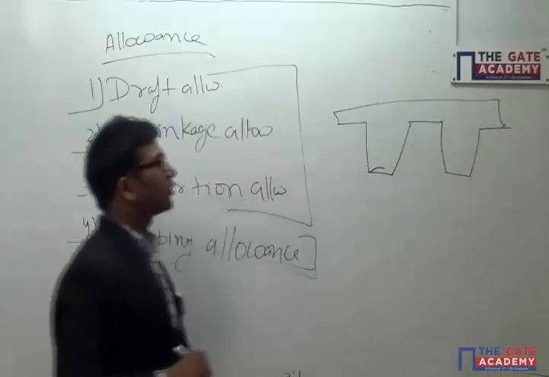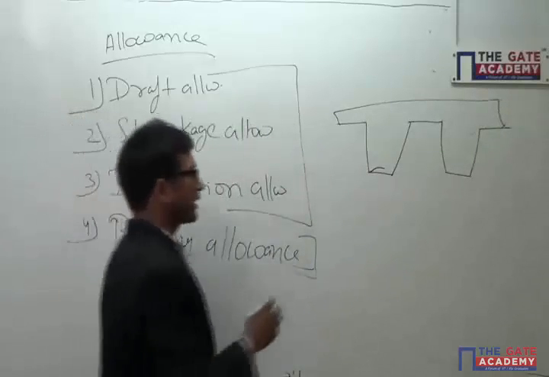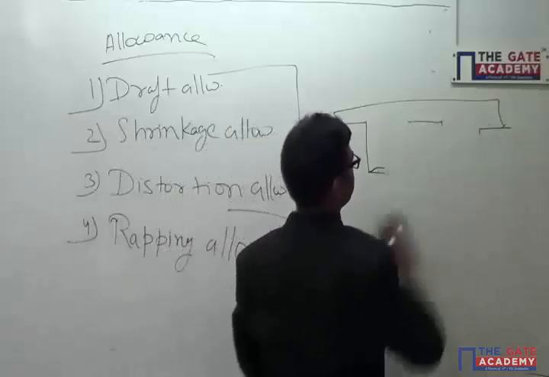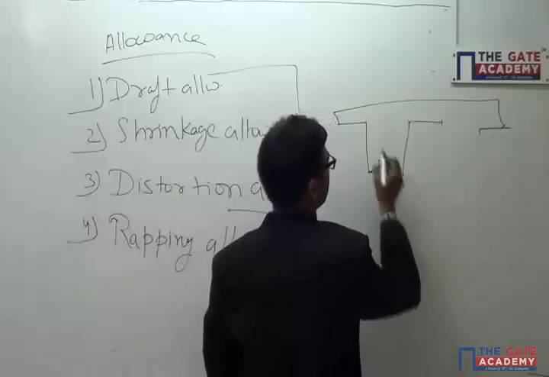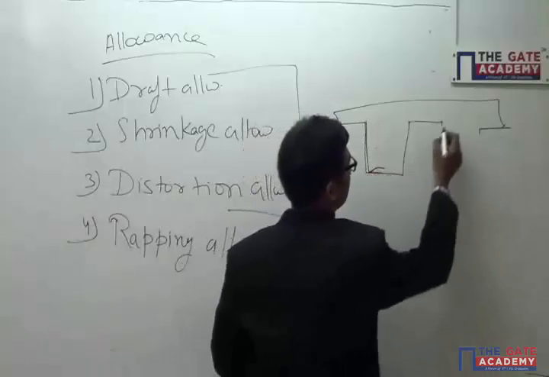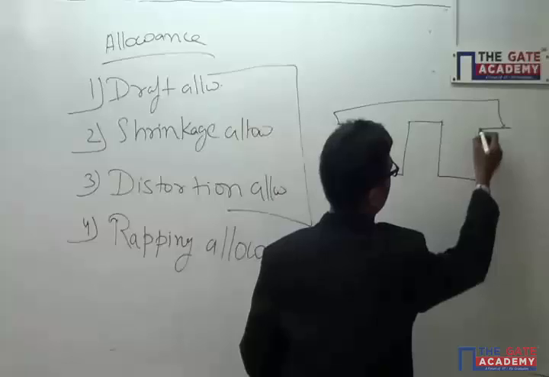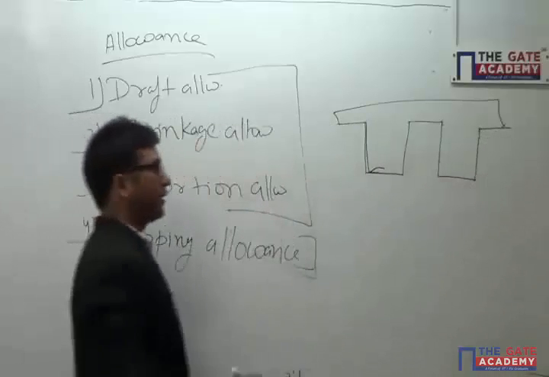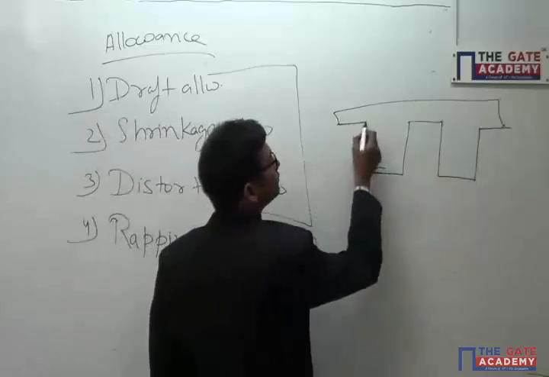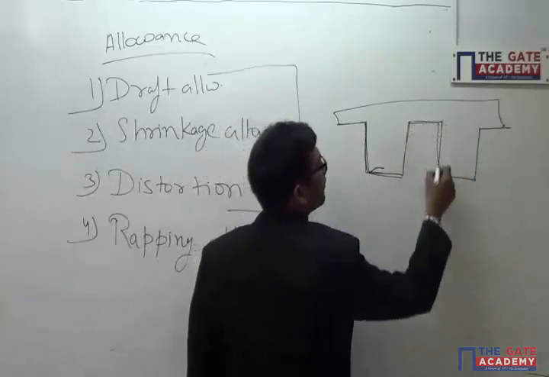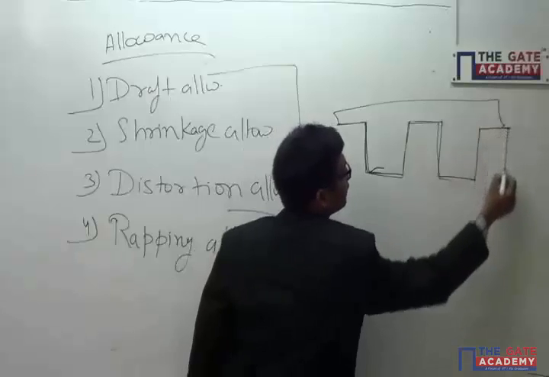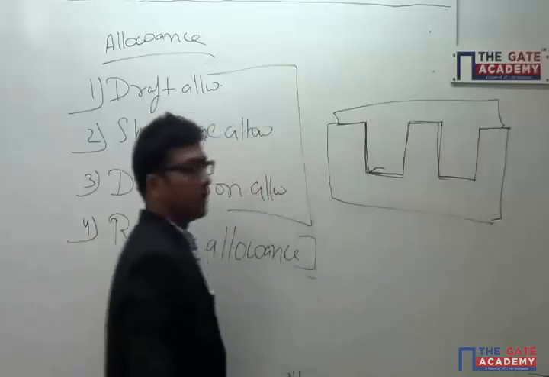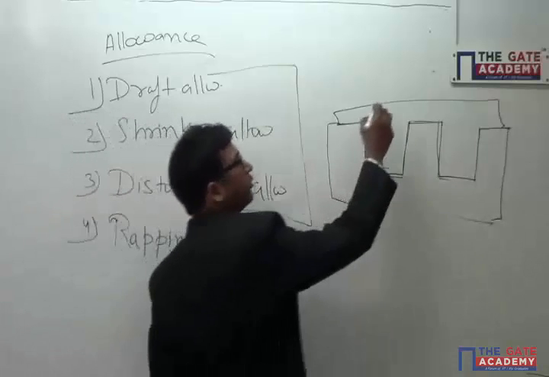See, if we want to make this kind of structure, this kind of cavity, so if I want that kind of product by casting, then when my sand is like this, fine.